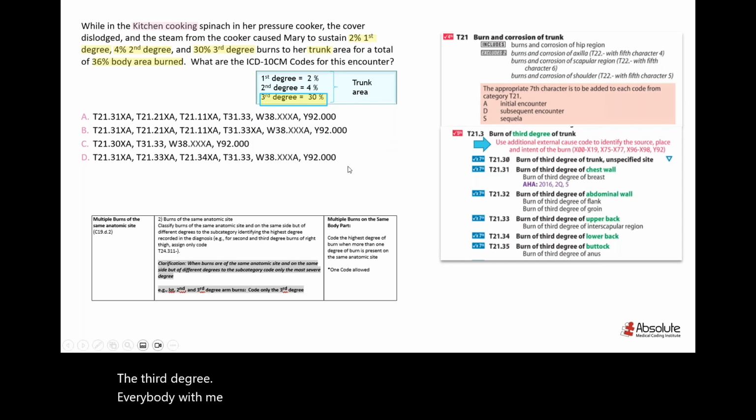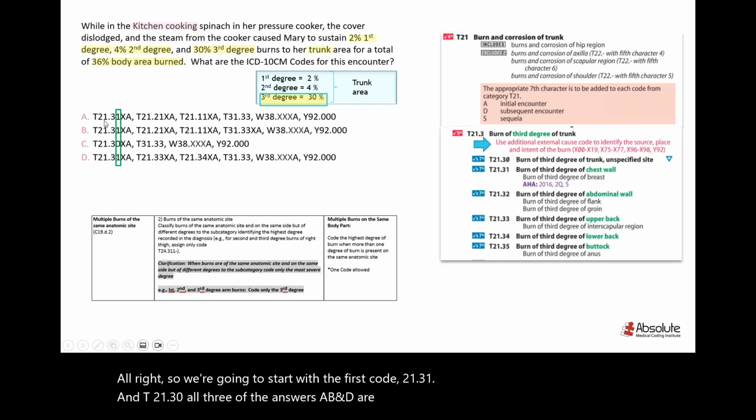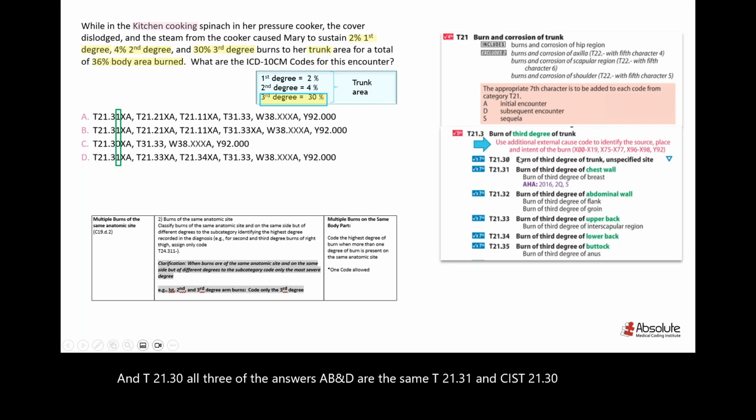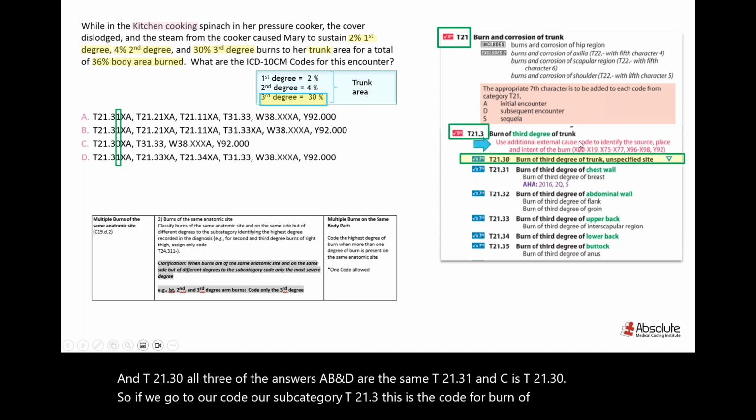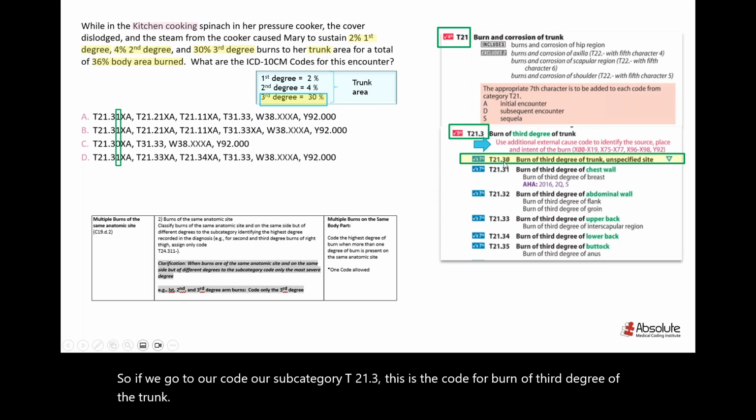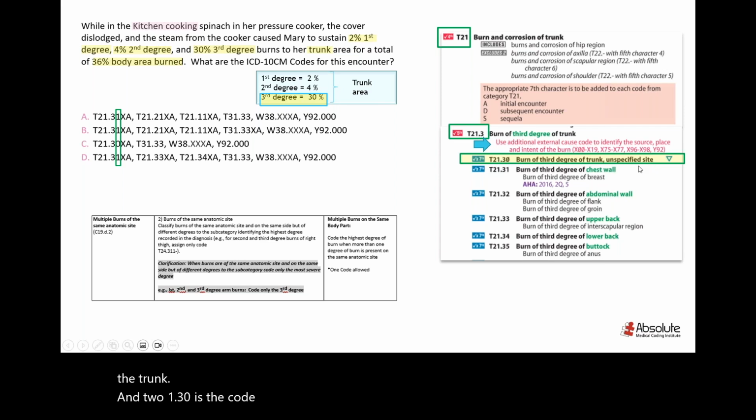Everybody with me? All right. So we're going to start with the first code, T21.31 and T21.30. All three of the answers, A, B, and D, are the same, T21.31, and C is T21.30. If we go to our subcategory, T21.3, this is the code for burn of third degree of the trunk, and T21.30 is the code for unspecified site.